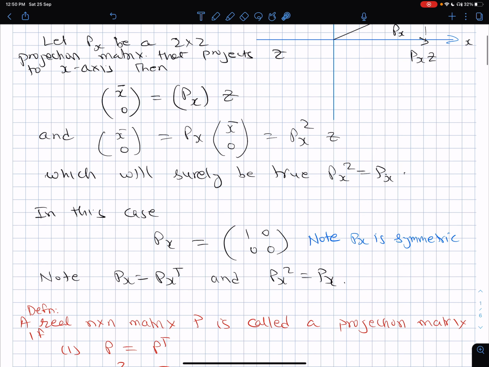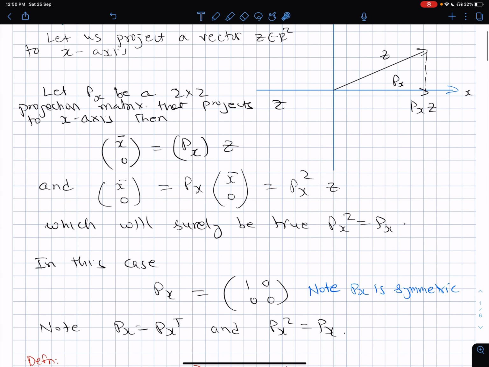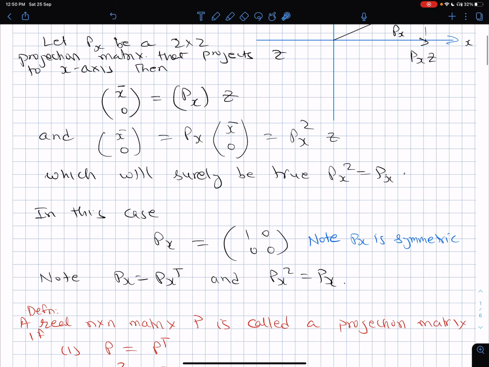So now let's see what this projection matrix is. In this case, it's a very simple matrix. It is just picking up the x coordinate, this is your xy coordinate. You have to just pick the x coordinate and leave the y coordinate out. So therefore 1 0, and take away the y coordinate, so therefore 0 0.